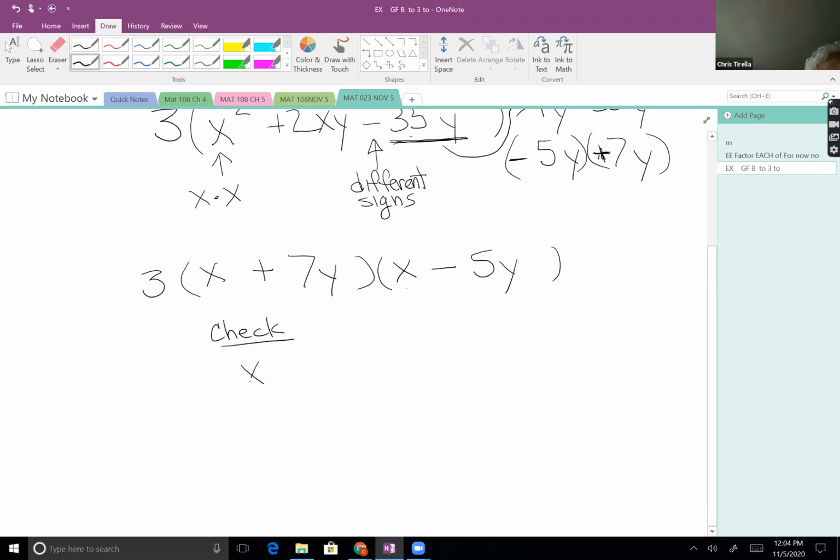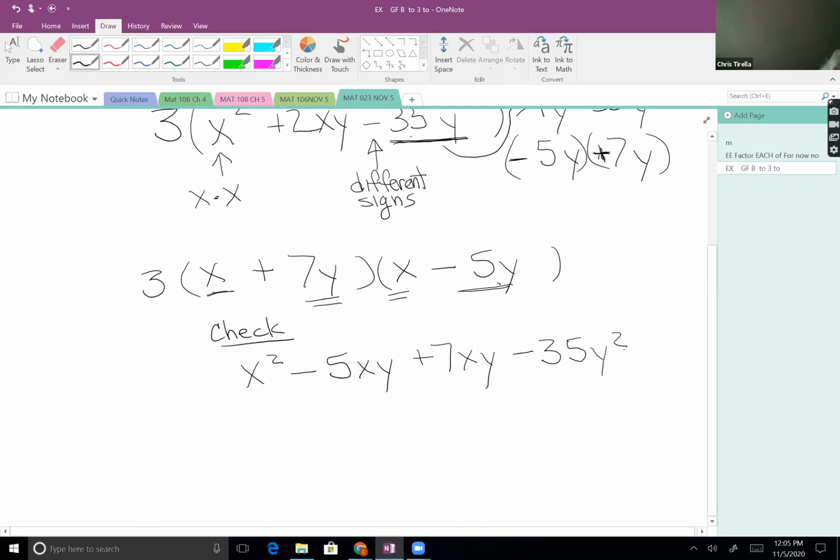First is x squared. Outer, x times minus 5y, is going to give me that minus 5xy. And when I multiply the inner, that's going to give me positive 7xy. And then the last we made sure of was going to give me my negative 35y squared.